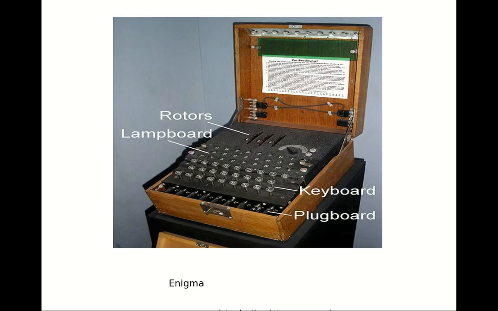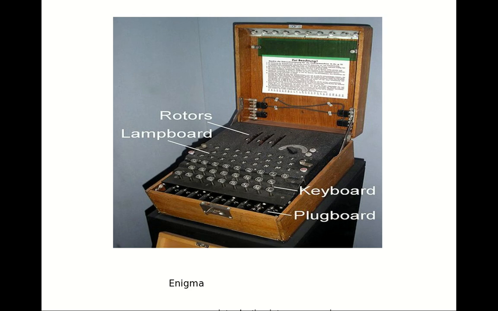Computer development made a big leap forward during the Second World War. And here you see one reason for that. That was the encryption tool of the German army during the Second World War.